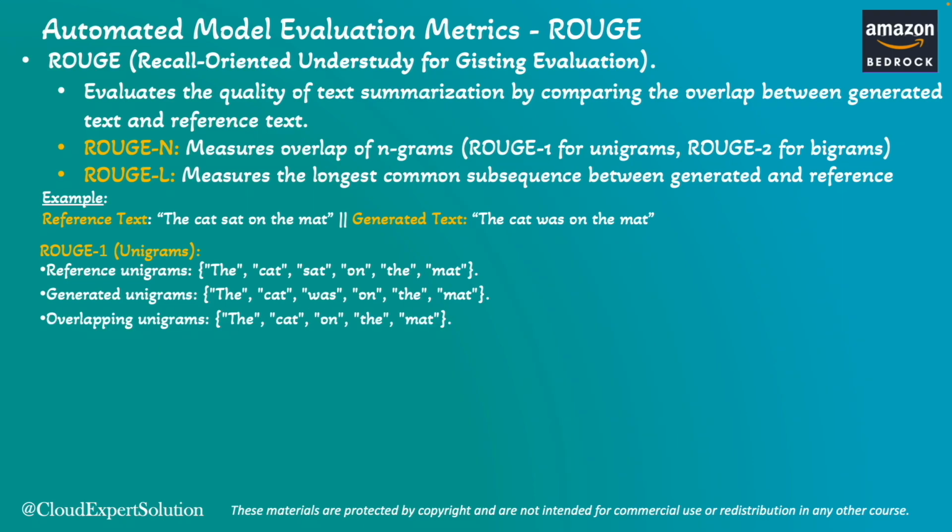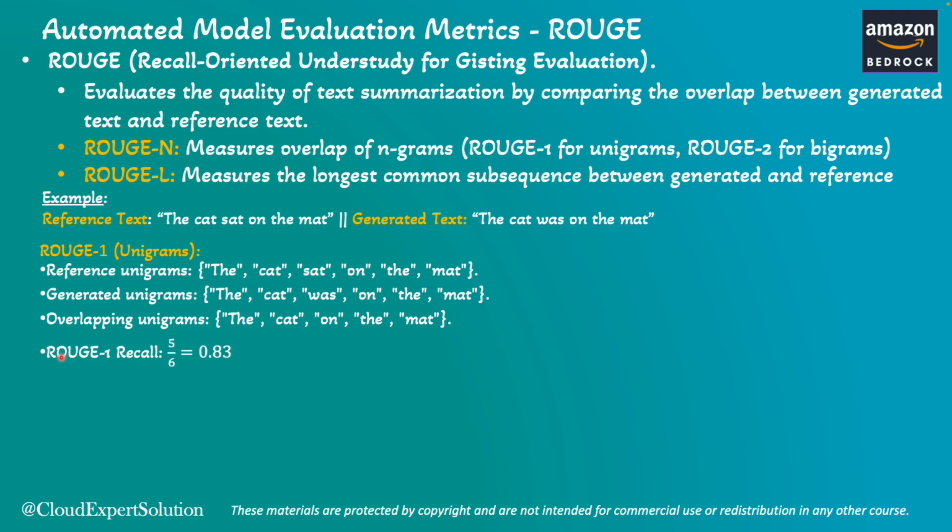Now if you compare, we have the overlapping unigrams. The is common, cat is common, on, the, mat. These 5 unigrams are overlapped or common between reference unigrams and generated unigrams. Whereas you can see "was" and "sat" are not common, but all others are common.